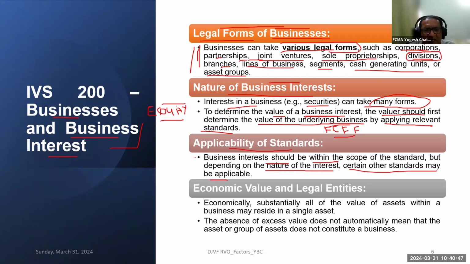Normally, business interest is covered within IVS 200, but there can be exceptions, like it can be covered under the financial instrument standard IVS 500, which is also on business interest. So that is about the applicability of standard, this IVS 200.